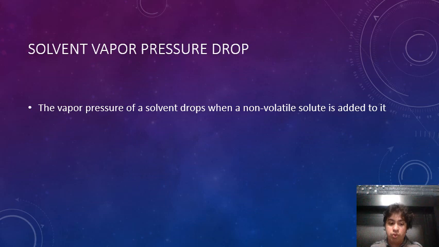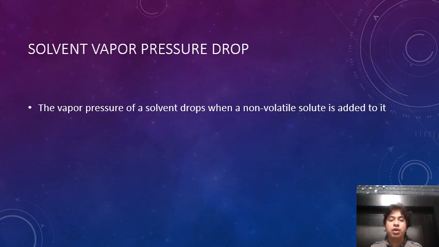And to end the colligative properties, we have the solvent vapor pressure drop. What is it? The vapor pressure of a solvent drops when a non-volatile solute is added to it. Okay? It decreases the number of solvent molecules on the free surface.